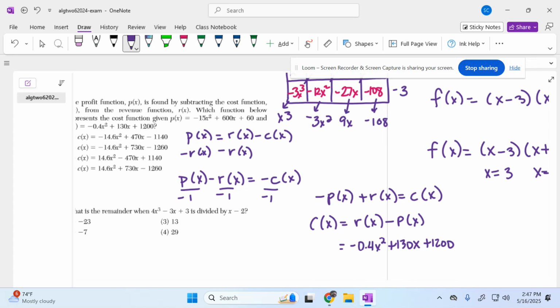So negative P of x would be a positive 15x squared, change the sign, a negative 600x, change the sign, and a negative 60, and now I just have to combine up some like terms. So 15 and negative 0.4 is going to be 14.6x squared. 130 and negative 600 is going to be negative 470x. And 1200 minus 60 is going to be 1140. There's my C of x function.